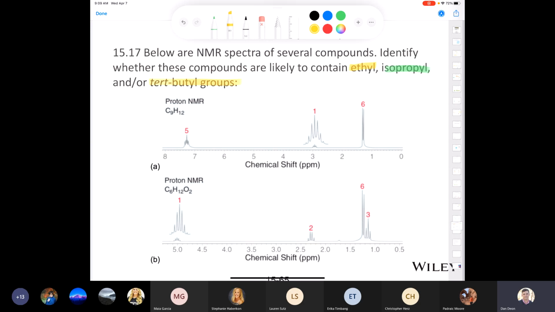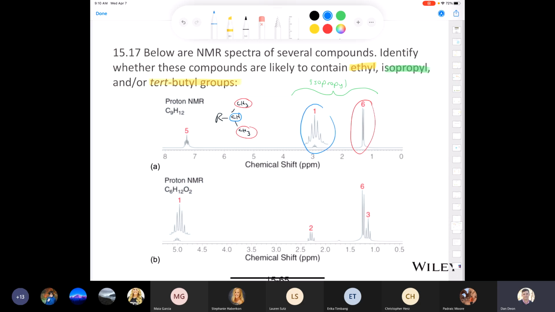Yeah, there's an isopropyl group, right? These 2 signals represent an isopropyl. Remember, in an isopropyl, you have a methine and 2 methyl groups attached to it. The 2 methyl groups are split by 1 proton. There's a total of 6, so we get a doublet that integrates for 6 protons. And the methine proton is split by all 6 of the methyl protons, so 6 plus 1 gives me 7.